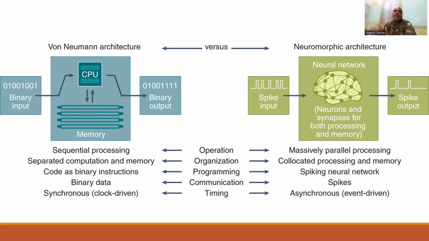By collocating processing and memory, neural net processors and other neuromorphic processors avoid the von Neumann bottleneck and can have both high performance and low energy consumption at the same time.